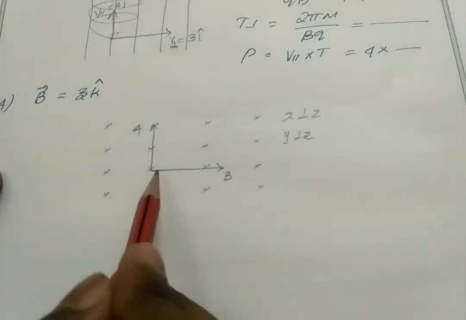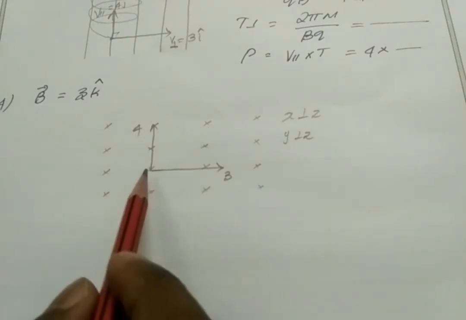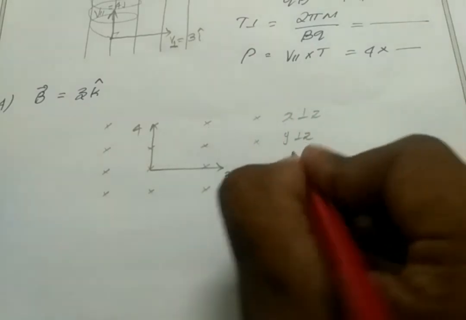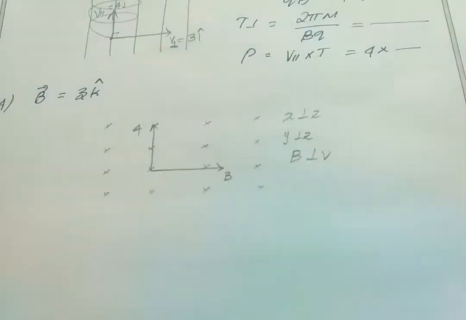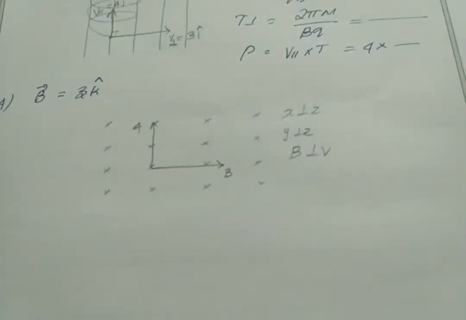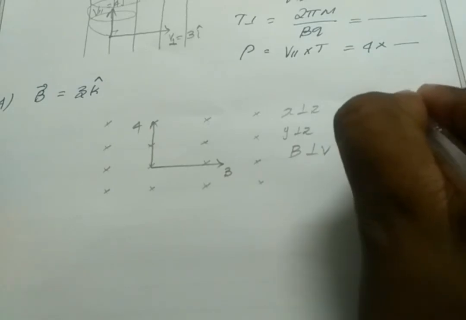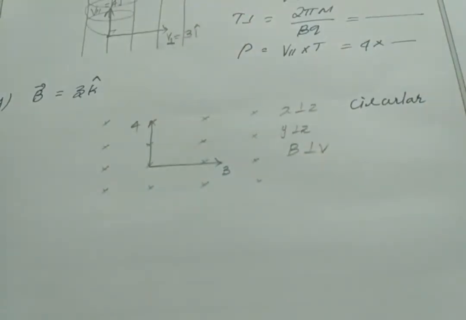Right? So if it is perpendicular, then what will be the motion? We studied in the first condition that whenever a charged particle moves perpendicular to the magnetic field, it creates circular motion. Here the trajectory is circular. Clear? I hope you understand the concept. So what will be the net velocity?